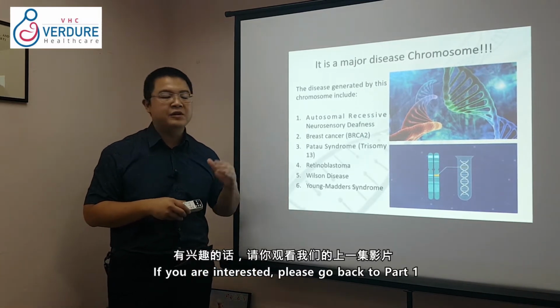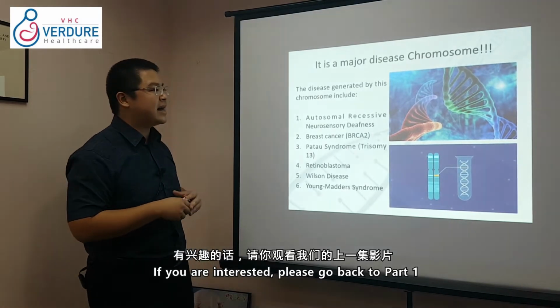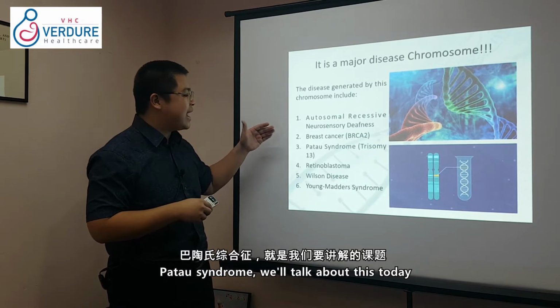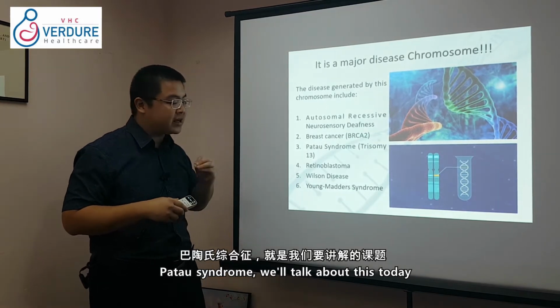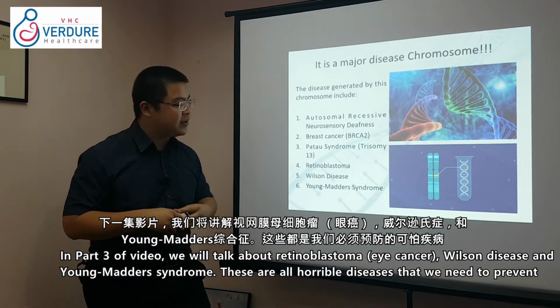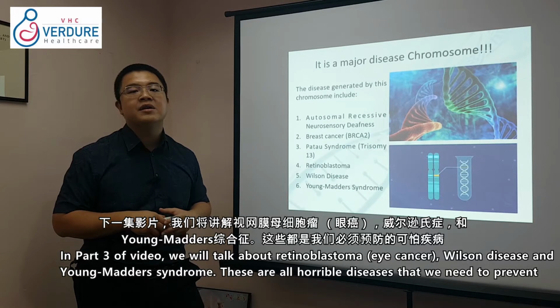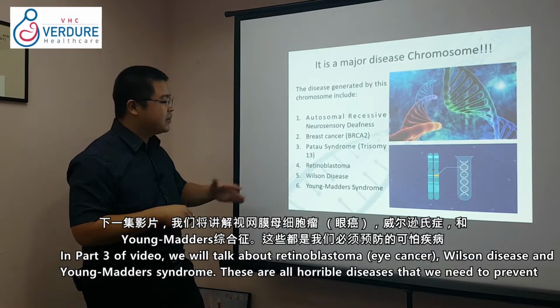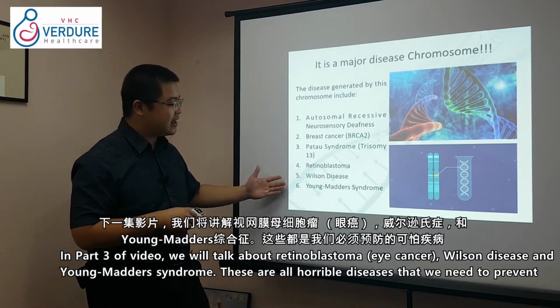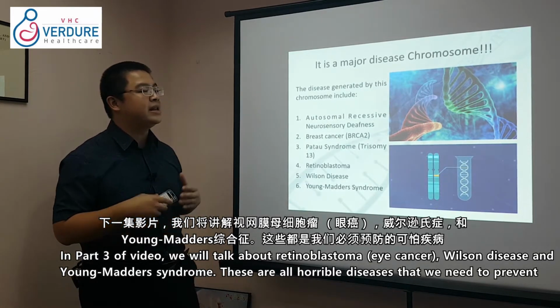So if you are interested, please by all means go back to the part 1 that we've just done. And Patau Syndrome, which is what we're going to talk about today. And then in part 3, we're going to talk about retinoblastoma, which is one kind of eye cancer, Wilson's disease, and Young Man's syndrome. These are all horrible diseases that we need to prevent.